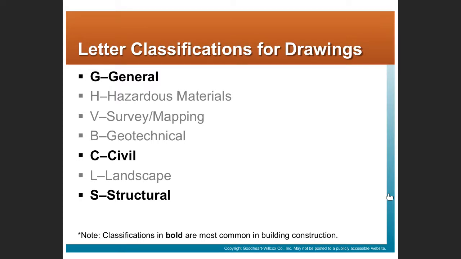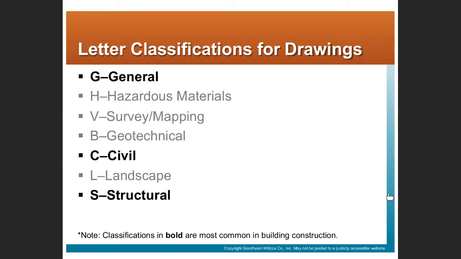The C for civil drawings will typically be a site plan. So we might see contour lines on the civil drawings that show changes in elevation on a site, just like we would see on a topographical map, right? So the contour lines on the civil drawing might show if there's a slope or a change in elevation on the site.